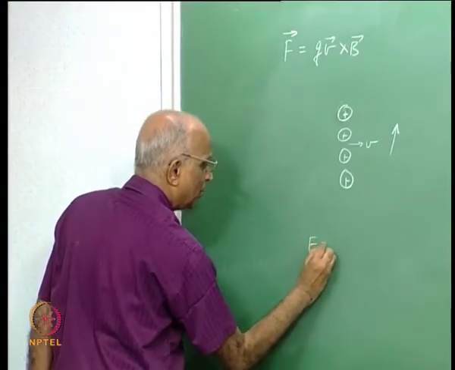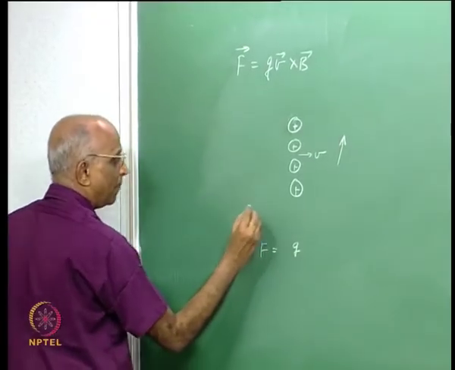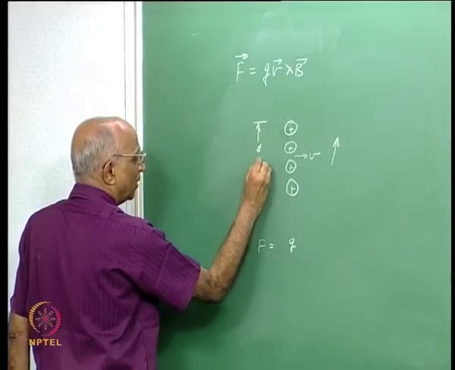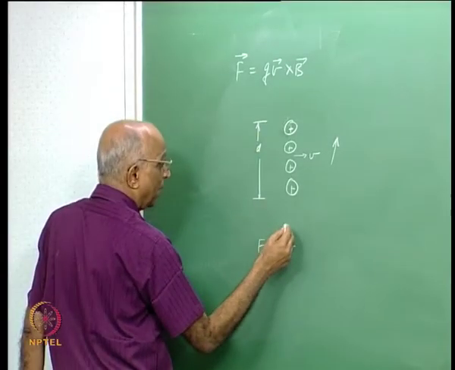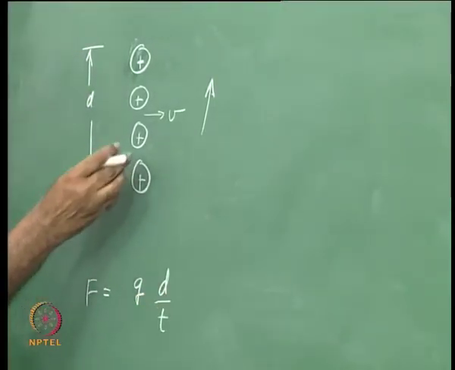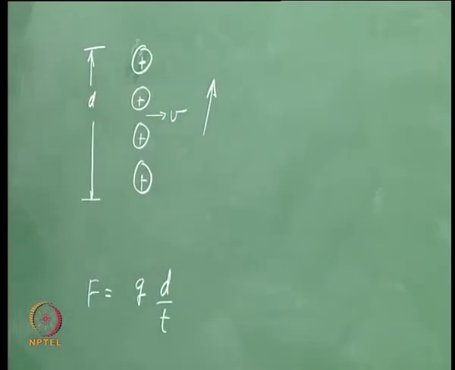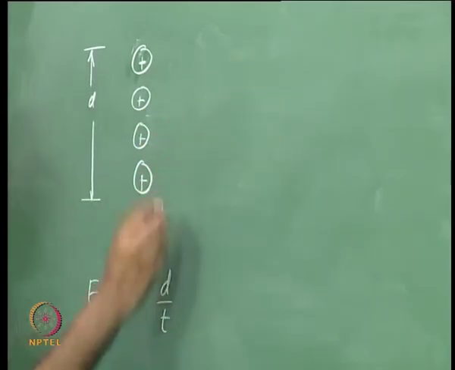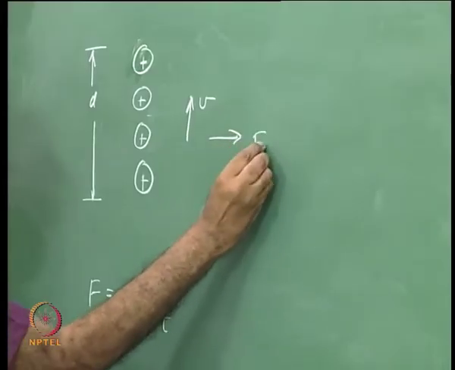We have force is equal to q into the velocity. Well, let us say I have a distance d over the field over here, and let us say I am interested in velocity, therefore velocity I can write as d by time taken for the body to experience a force in this particular direction, or rather let me say I move it in this particular direction such that I get a force in this particular direction.